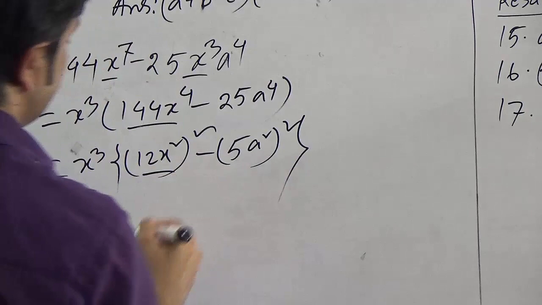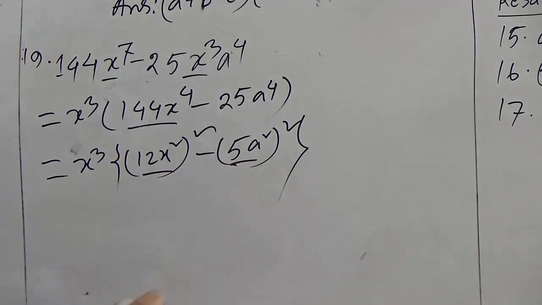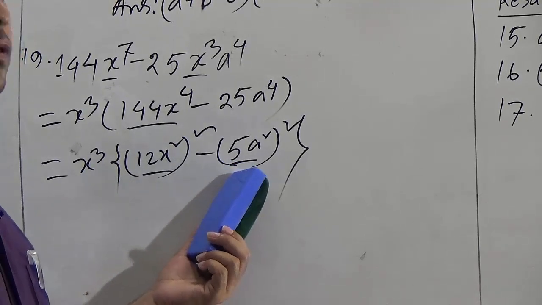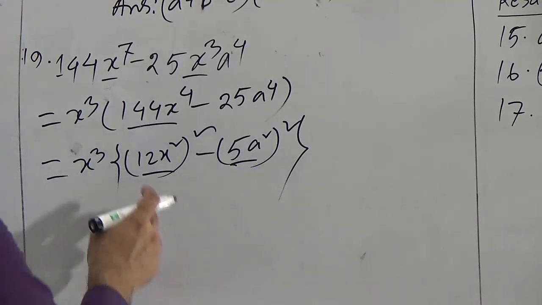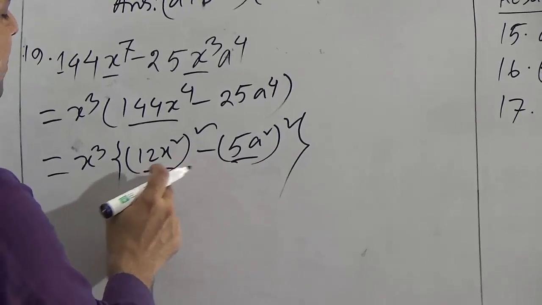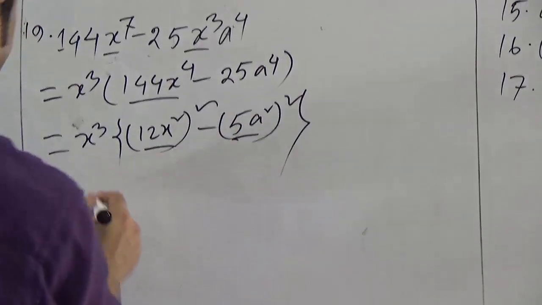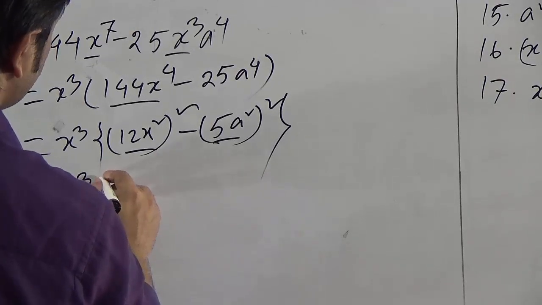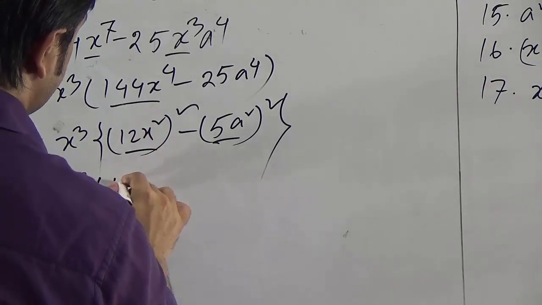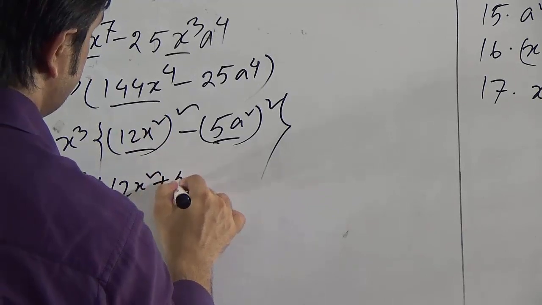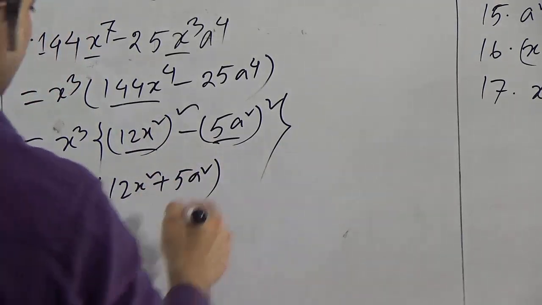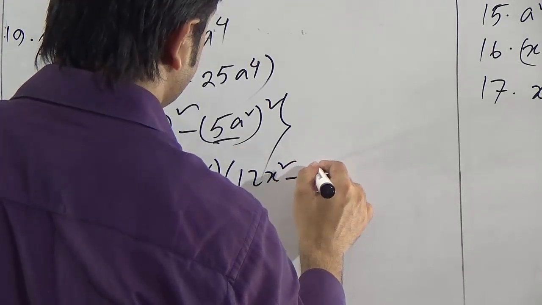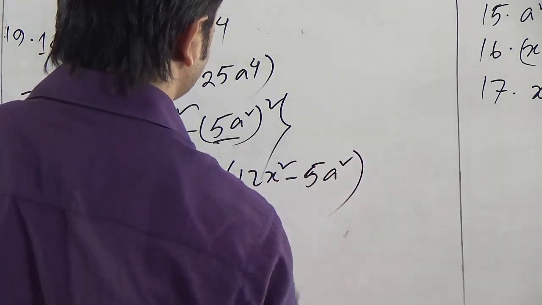It means that consider 12x square as a, 5a square as b. So here will be a square minus b square. So we can apply the formula again, that is a plus b means 12x square plus 5a square into a minus b means 12x square minus 5a square.